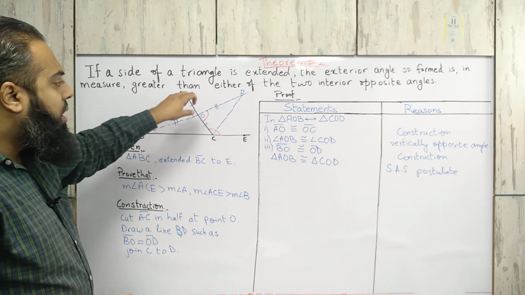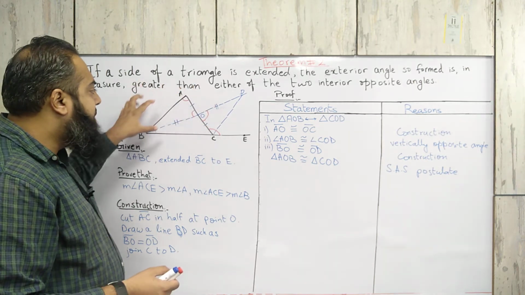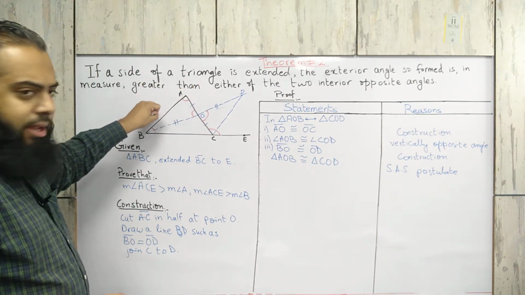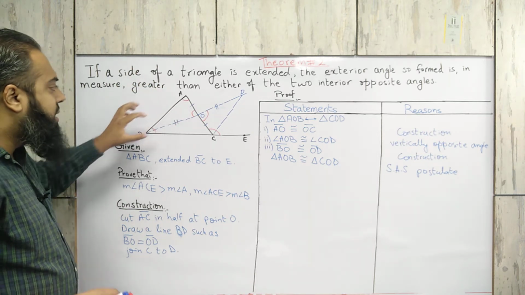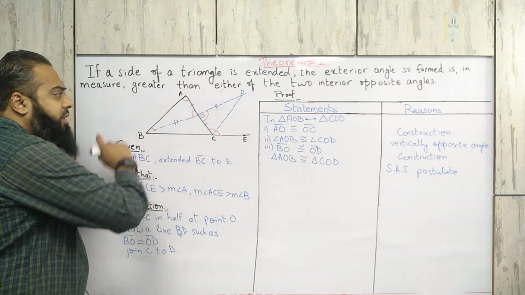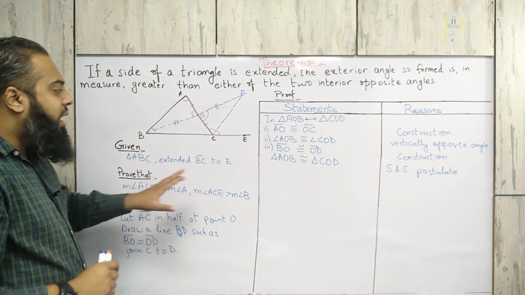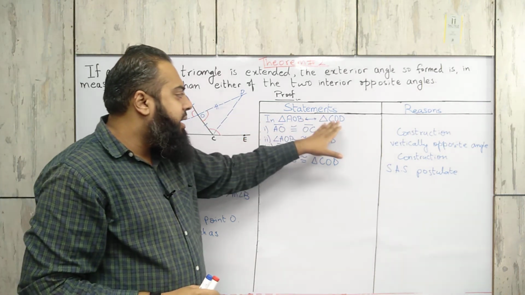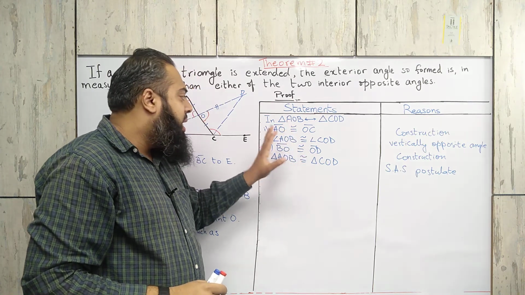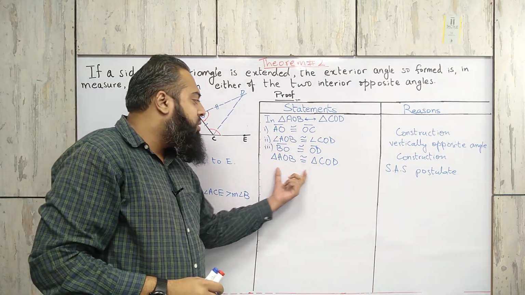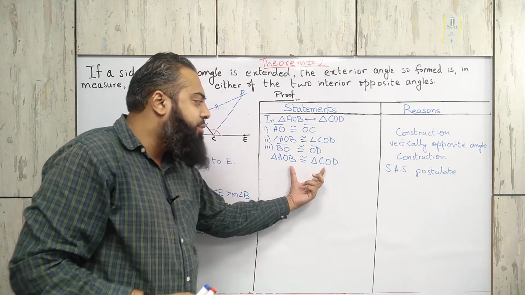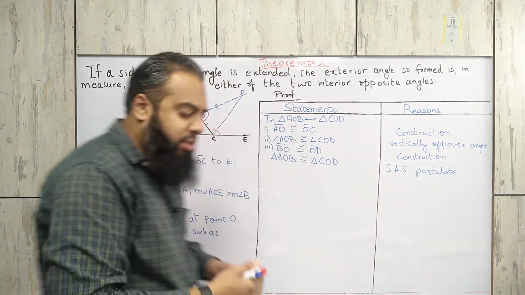Combined, we can say that there are 6 things in a triangle. And if any 2 triangles in correspondence with each other have 3 such things equal, then these 2 triangles will be congruent to each other according to the side angle side postulate.